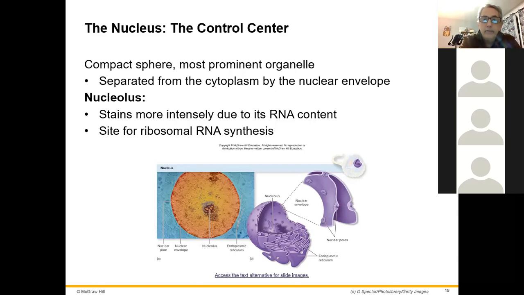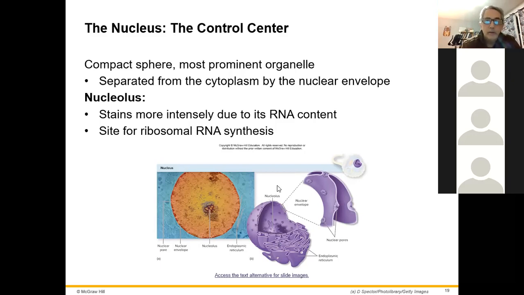So the nucleus region in eukaryotes is compact. It's separated from the cytoplasm. It's surrounded by a membrane called the nuclear envelope. Within that chromosome material, there's a nucleolus region that stains intensely due to the active synthesis of RNA.